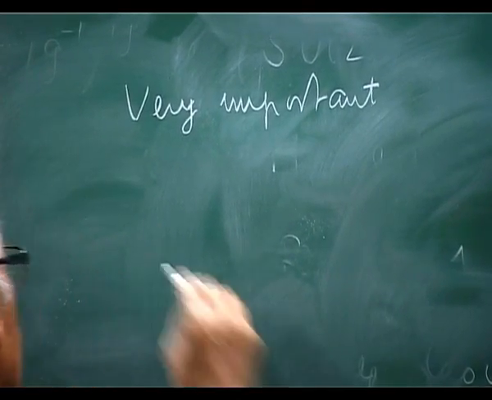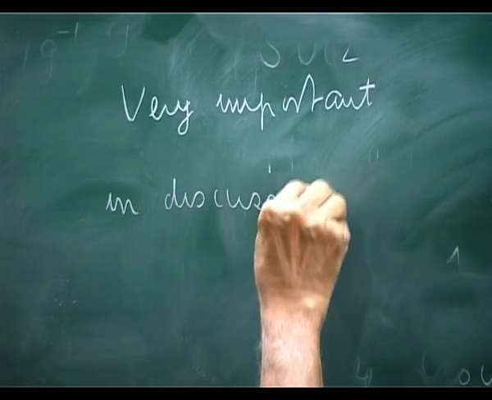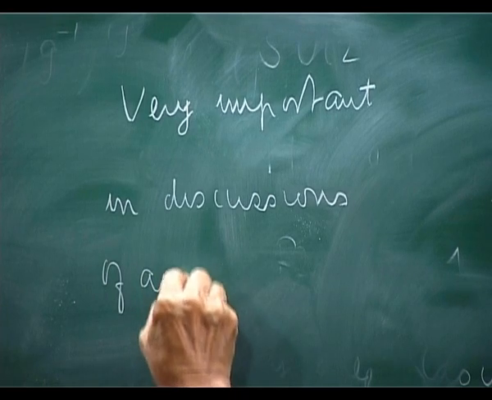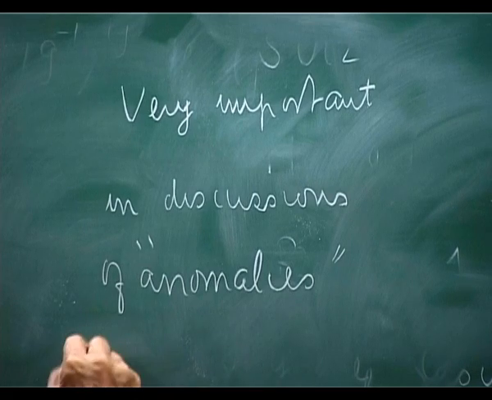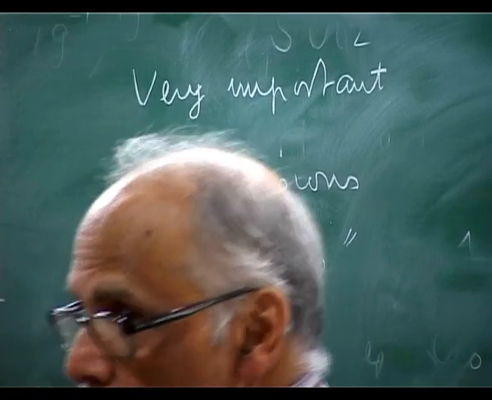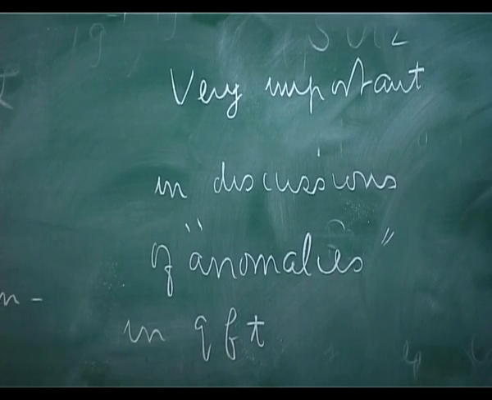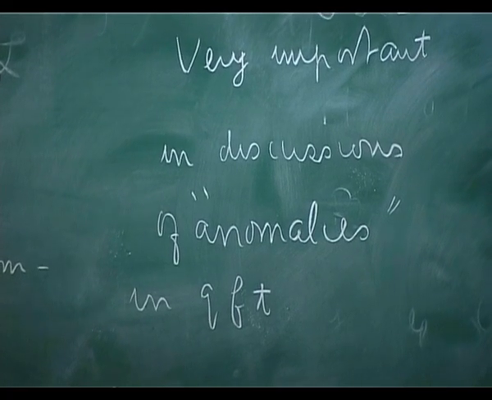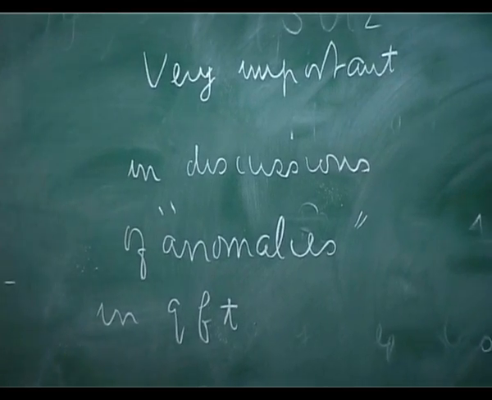In discussions of anomalies, within quotes, in quantum field theory, when people initially found anomalies, it means classical symmetries can become, something can go wrong when you go into quantum theory, because they may become non-implementable.